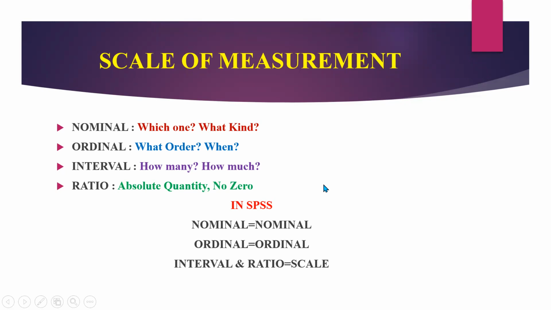But in SPSS, nominal is the same as nominal, ordinal is the same as ordinal, but that of interval and ratio is named scale measurement.